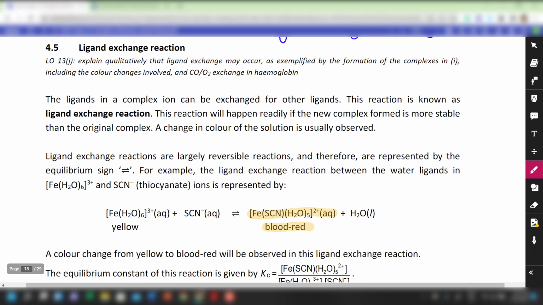Why is it that the color of the complex changed from yellow to blood red? This is something not within the scope of the H2 curriculum as well. Although you might learn a little bit from the color section later on, that one is a very simplistic view.